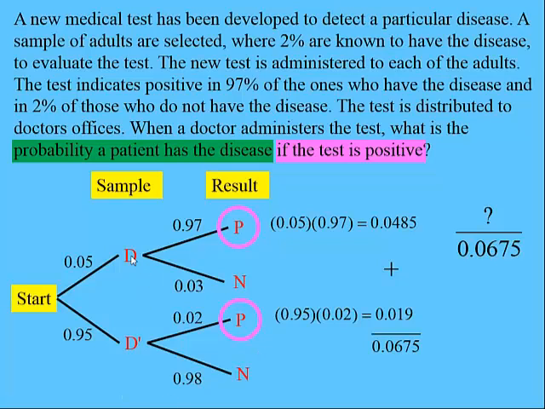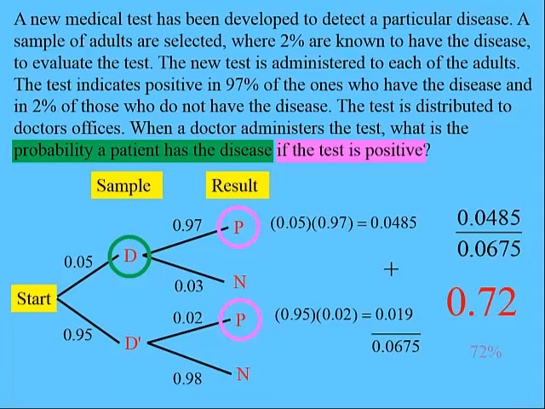That would be the one with the D in it. Multiply out to the end, which we've already done, and that's the top number. Dividing those two, we get 72% chance. So the idea is this test is given out to doctors' offices everywhere. They perform the test. It comes back positive. What do they tell the patient? Well, there's a 72% chance that you have the disease.